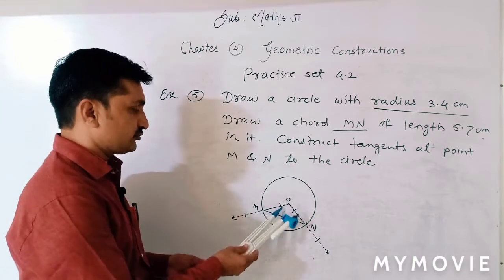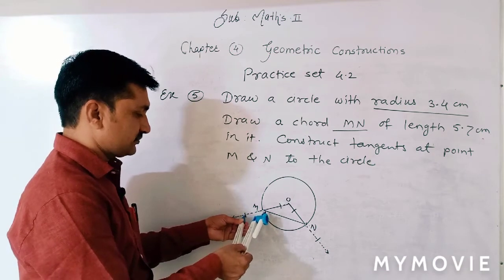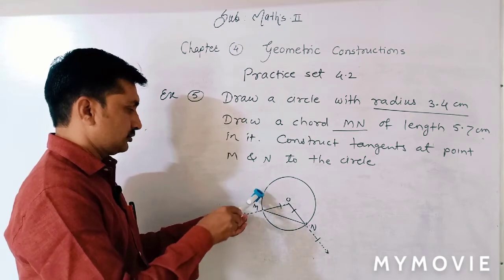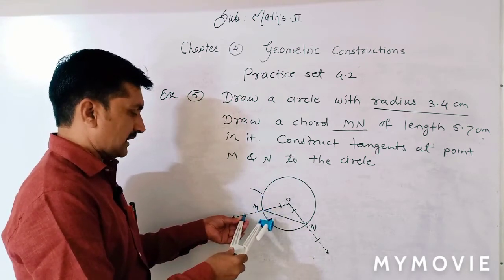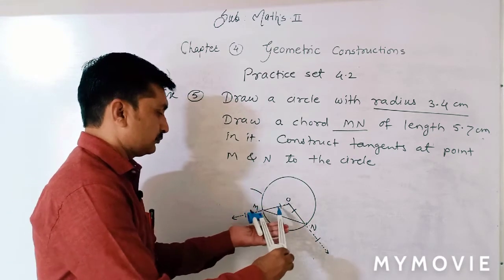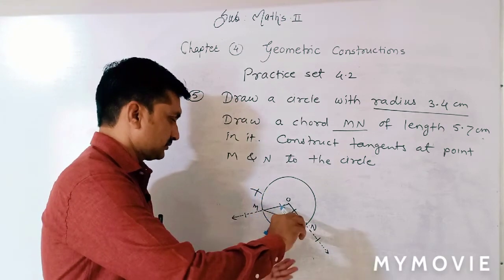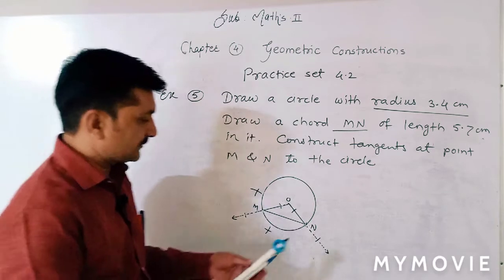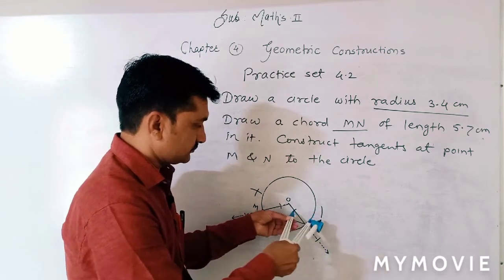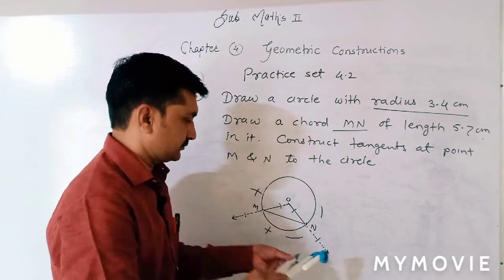After that we got the fixed distance here. Now we have to take more than half the distance, more than half means more than M. Draw one arc on this side upside and a second arc down. Then from this arc, intersect them here and here also. Same procedure from here, from this arc.